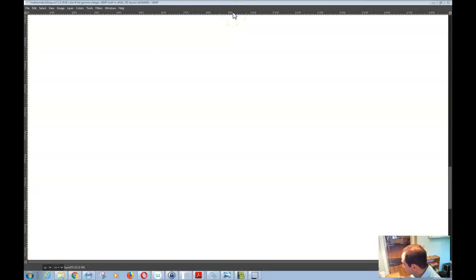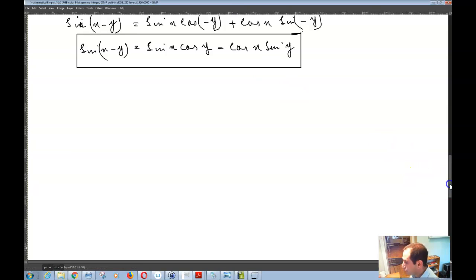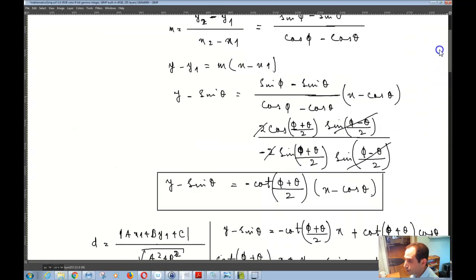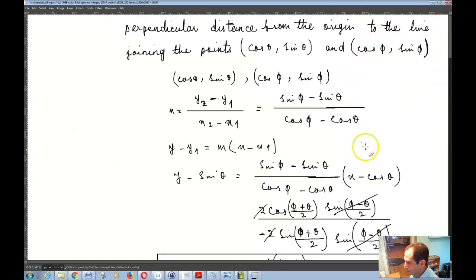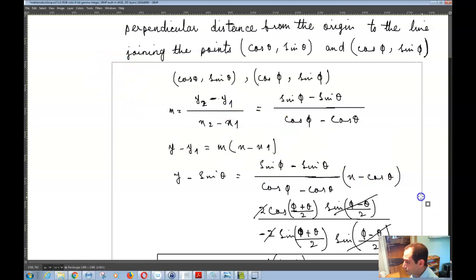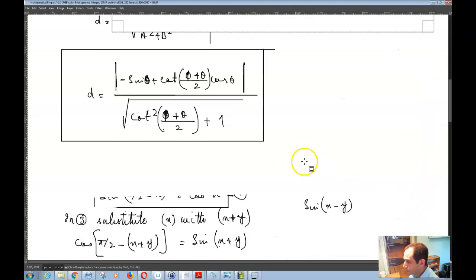Okay, so now to solve this problem, we want to find the perpendicular distance from this point. Let me go over to the example that we had. Okay, so let me erase all of these things, we don't need them anymore.